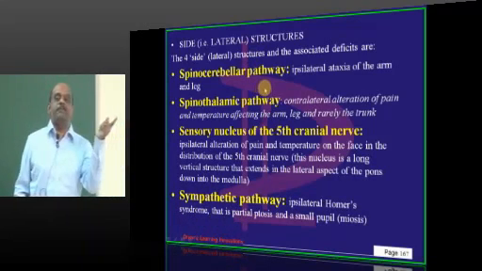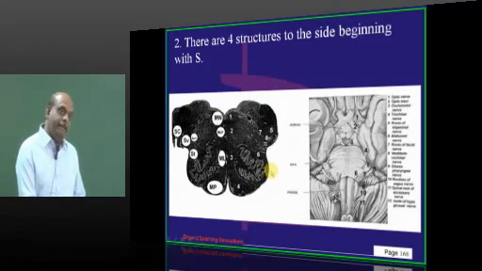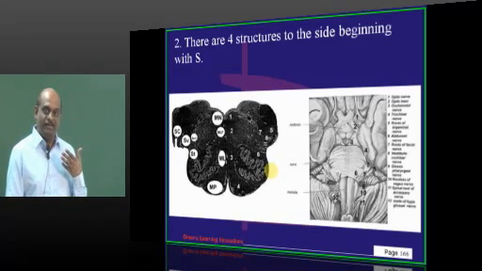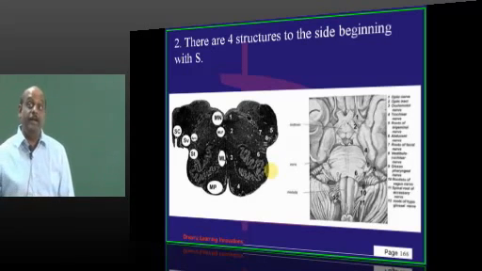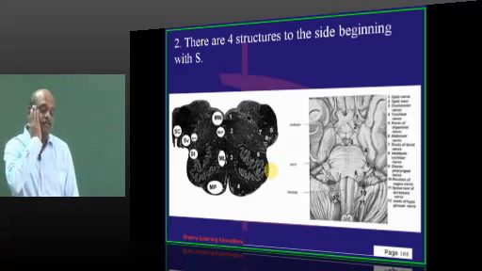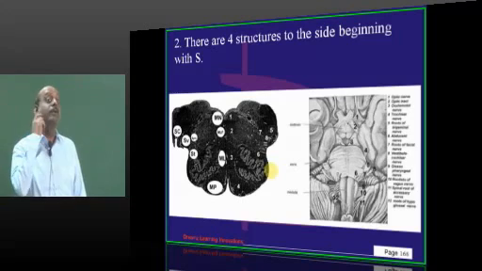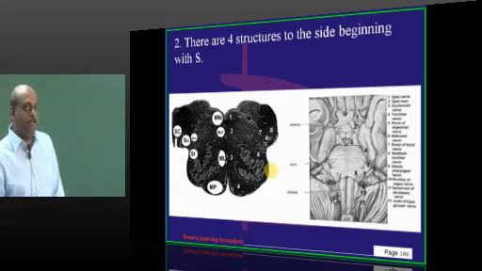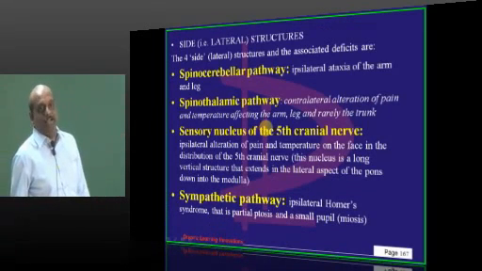Sensory nucleus of the 5th cranial nerve. पूरा बदन का pain temperature is carried by spinothalamic tract. चेहरे के ऊपर अगर कुछ ठंडी हवा आके ब्लो हो गए तो that feel of the cold breeze touching your cheeks, how will you know? The pain temperature of the face is carried by the sensory nucleus of the 5th cranial nerve.